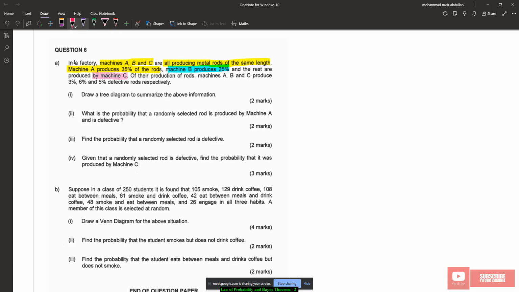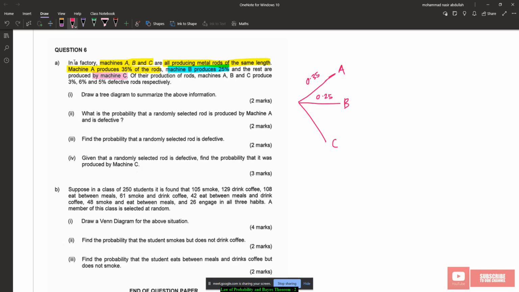So now, let's draw the first tree. So we have 3 machines. This is machine A, this is machine B, and this is machine C. Right? Machine A produces 35%, which is 0.35. Machine B produces 25%, 0.25.